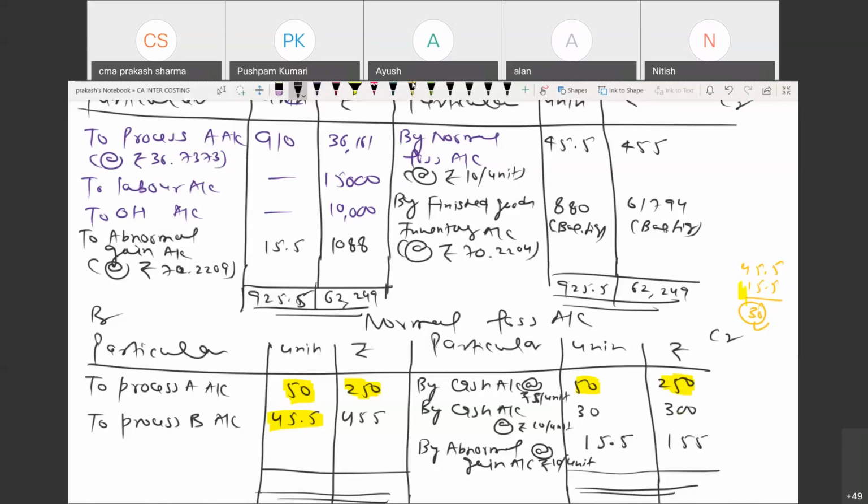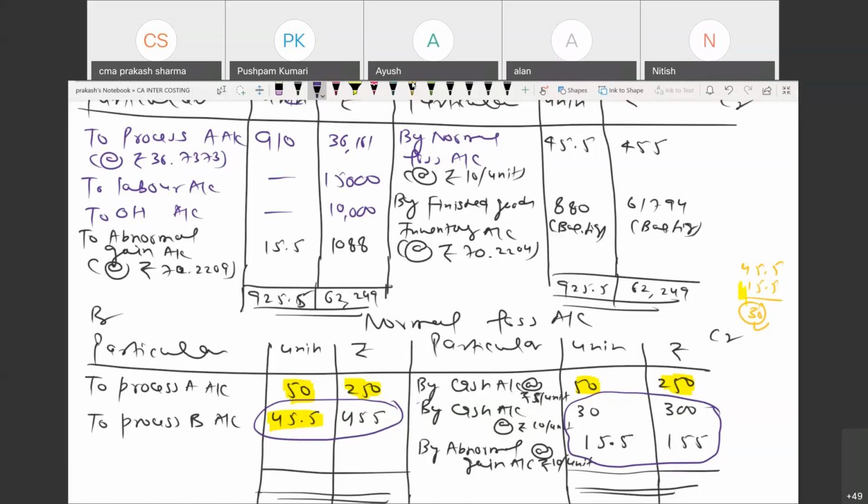Okay sir, so in case of abnormal gain, our normal loss is broken into two parts. This accounting treatment is very important. Please make a note: whenever there is abnormal gain, our normal loss will be broken into two parts.